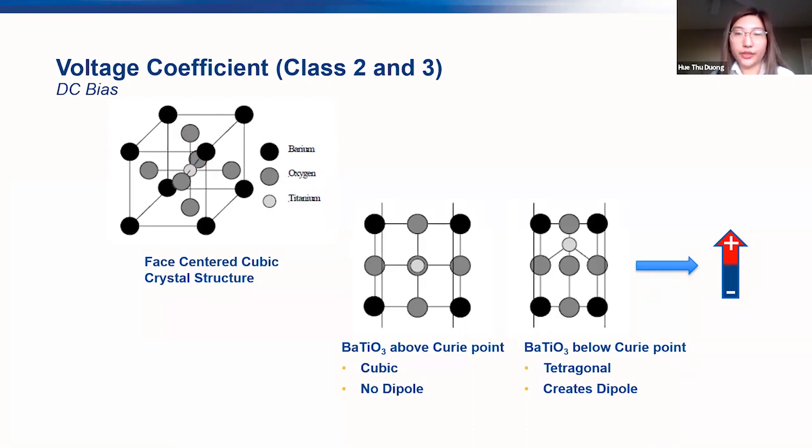As it cools down below the Curie point, the titanium ion will shift within the crystal structure and take on a tetragonal shape. There will be a positive charge here and a negative charge here, which forms a dipole. A dipole is just a positive and negative charge separated by some distance. Each dipole has its own electric field going from the positive side to the negative side. Now, we'll see how these dipoles play a role when a DC or AC bias is applied in a bit.